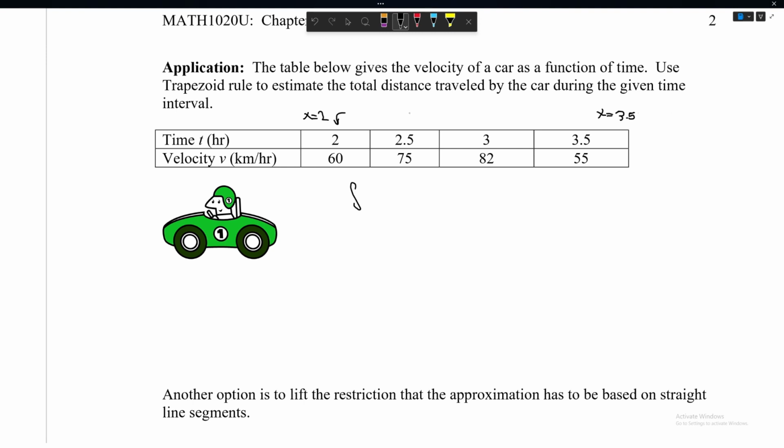This is basically the line that I made earlier, where we have 2, 3.5, and we know we have 2.5 and 3 from here. So I know my bounds go from 2 to 3.5 of my f of x, approximated with the trapezoidal rule. My n is what? 1, 2, 3, 4.